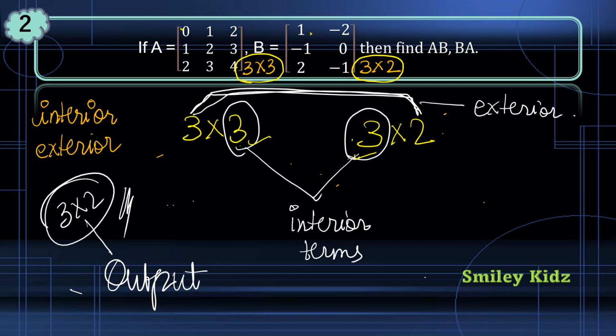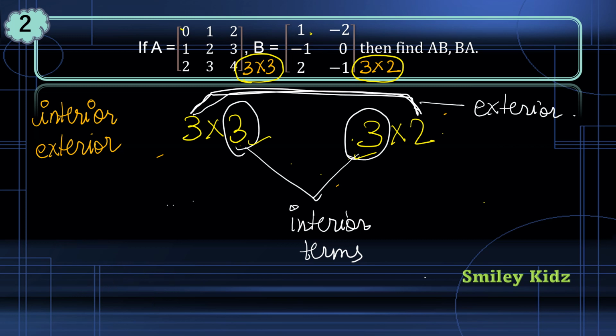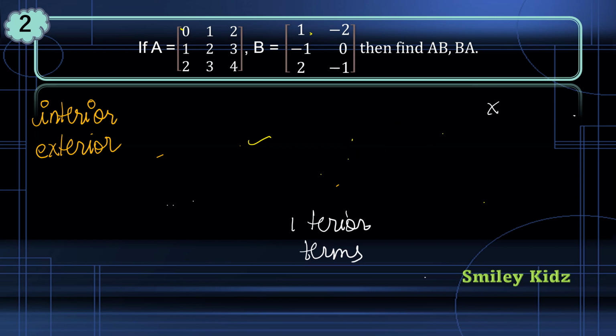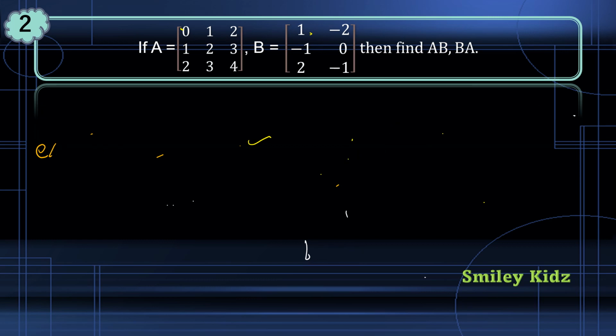Now, what if I say multiply B and A, that is B into A? We already have this in the question, where we are asked to multiply B and A. Do you think the multiplication of B and A would be possible? Let me show you.